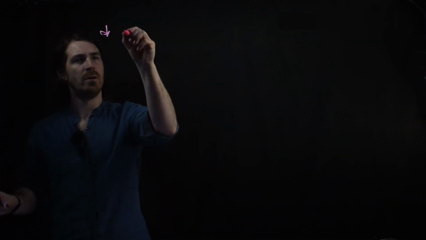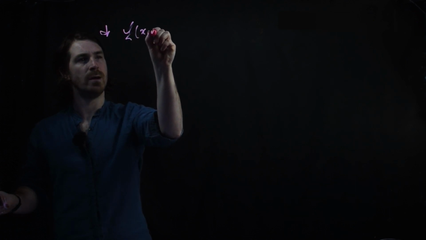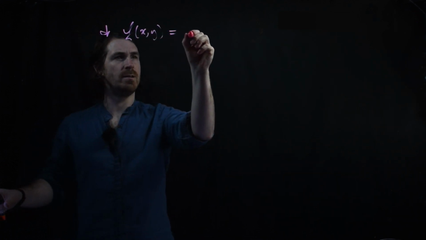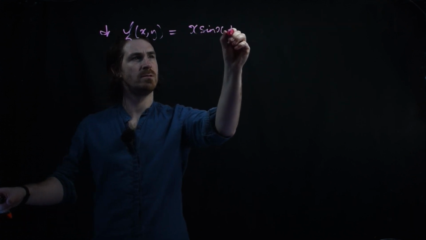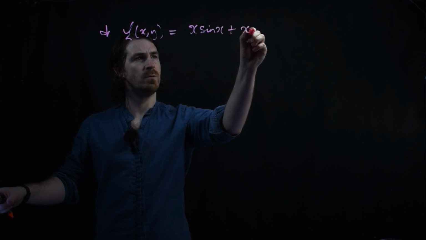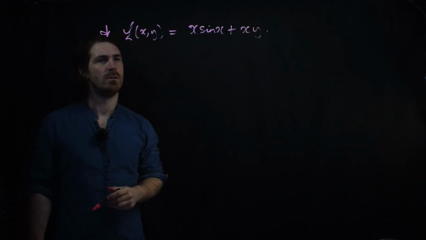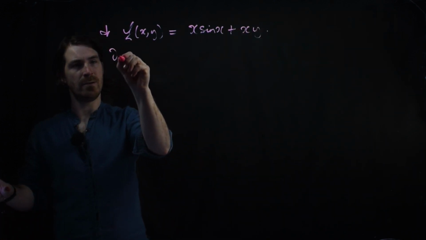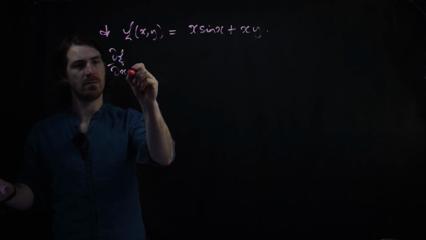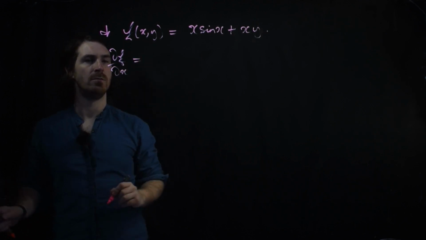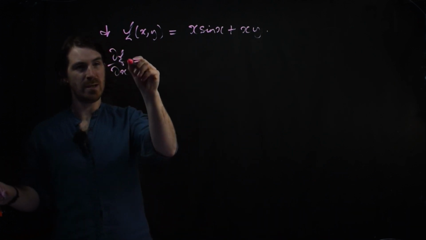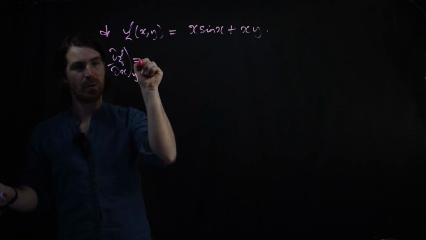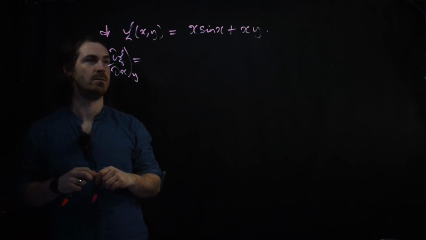Okay, so let's consider a couple more examples. Let's say we have a function of x and y that is x sine x plus x y. Then what is df by dx equal to? What we mean when we write this is we want to take the derivative with y held constant.